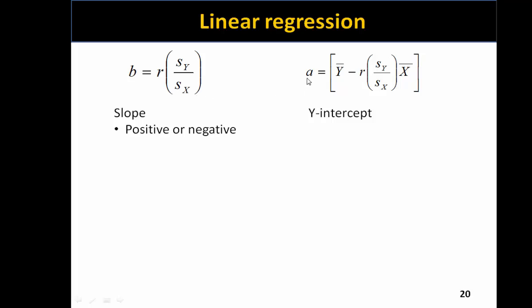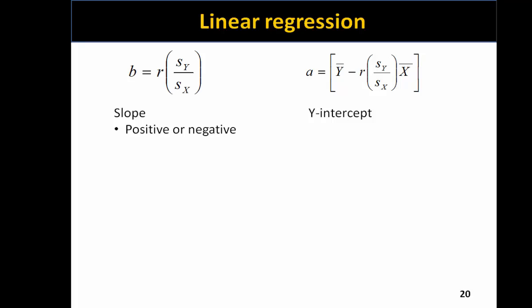On the right hand side, the coefficient A is the y-intercept, the value of y when x equals 0. So that's the point at which the line of best fit intercepts or intersects with the y-axis.